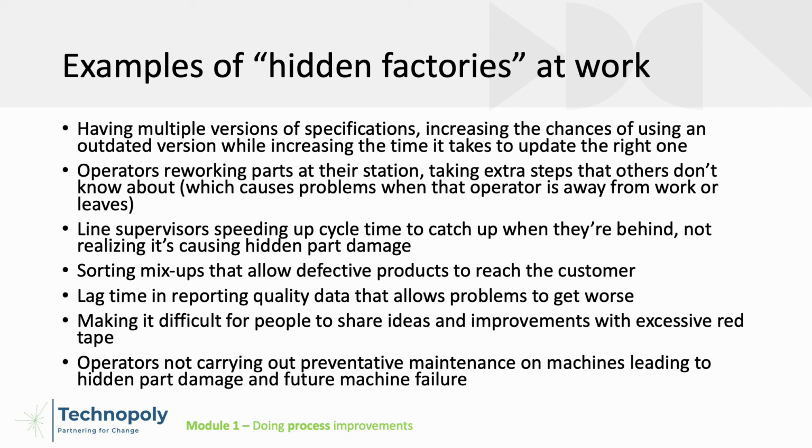Or making it difficult for people to share ideas of improvement because of red tape or bureaucracy. Or finally, operators are not carrying out the right maintenance or preventive maintenance on the machine, and oftentimes the parts are damaged and yet unnoticed, therefore causing a massive failure in the future. How about you? What hidden factories have you seen or have existed in your own experience?